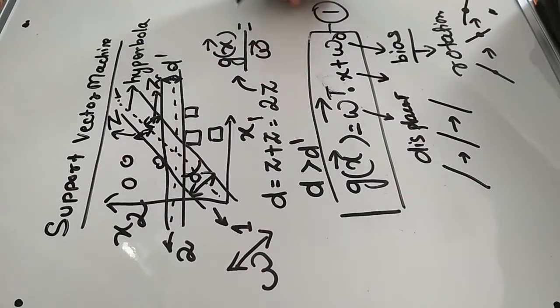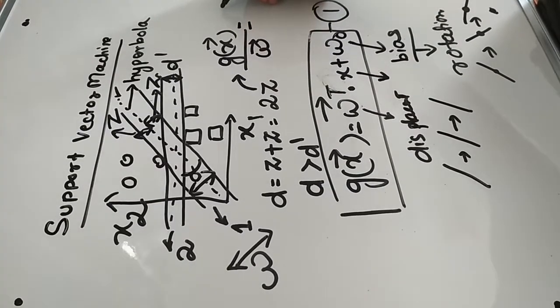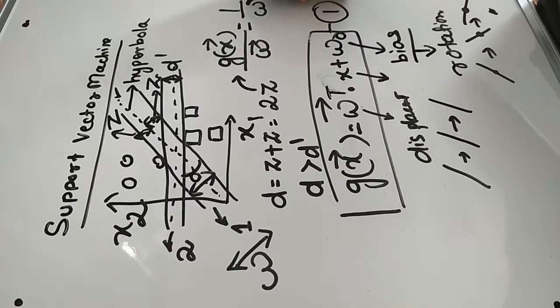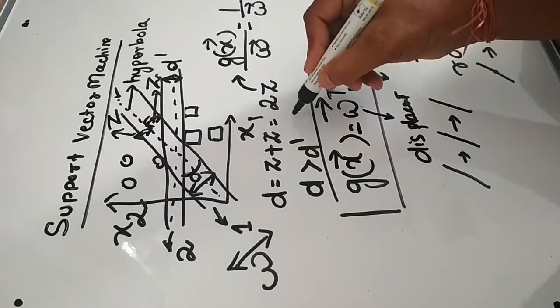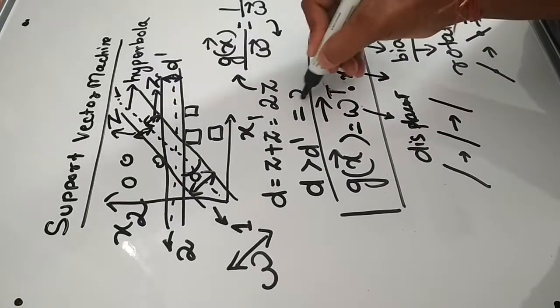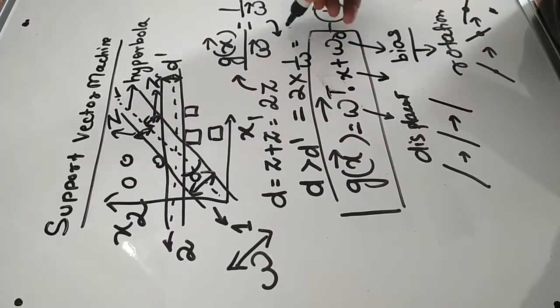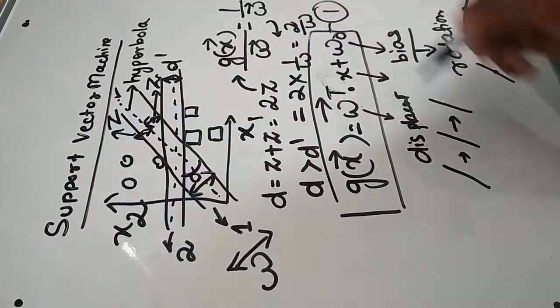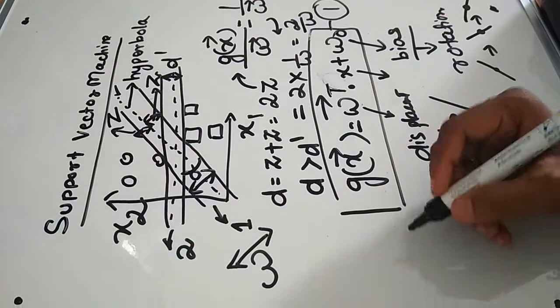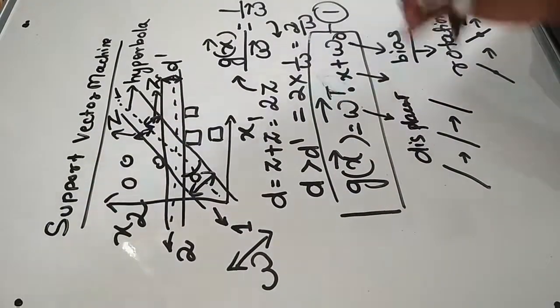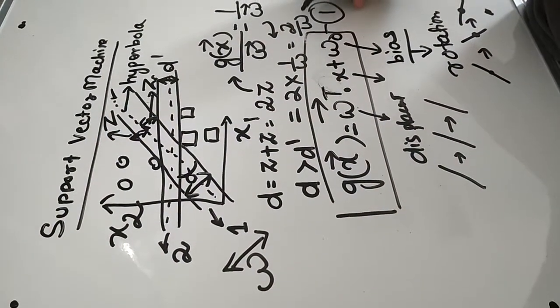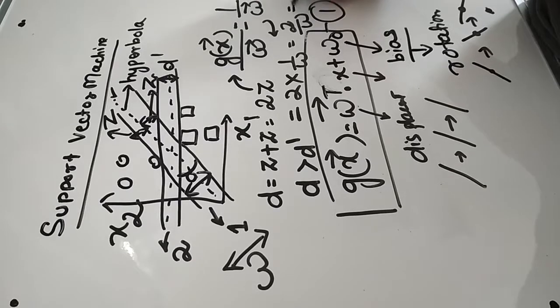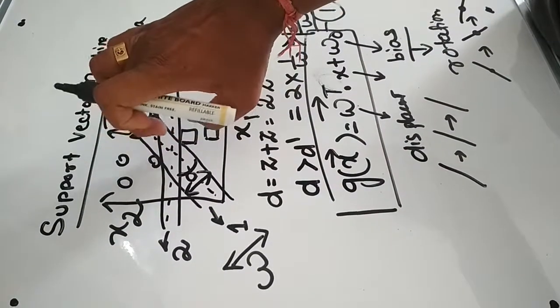The value of g(x) will be at least 1, so we can represent this as 1 by w. Writing it again, 2 into 1 by w is equal to 2 by w. This 2 by w will be d. So our main problem is to maximize the distance between them.